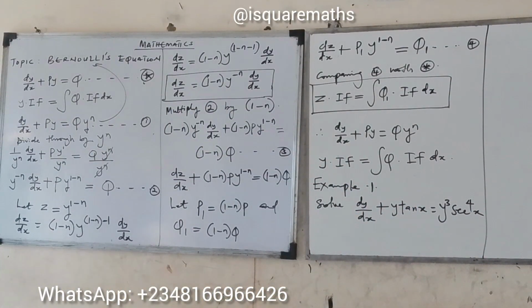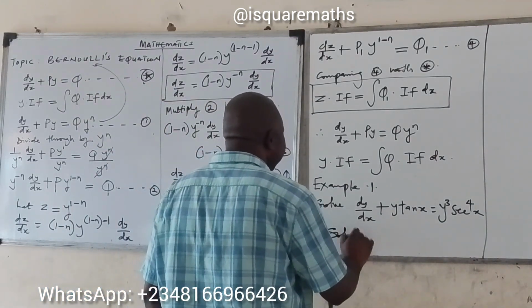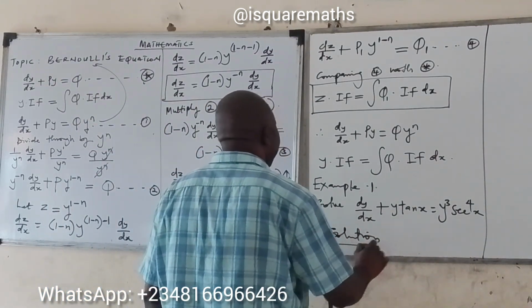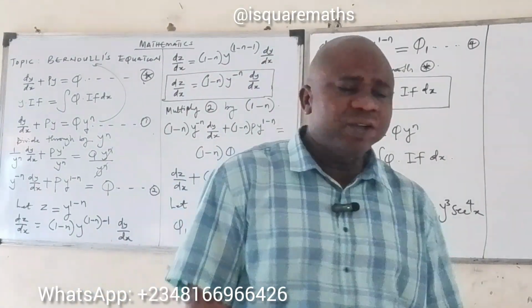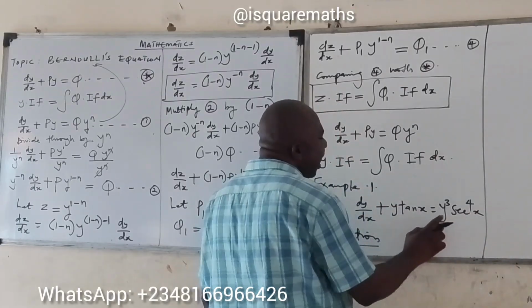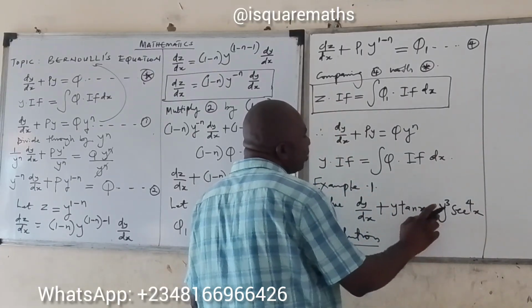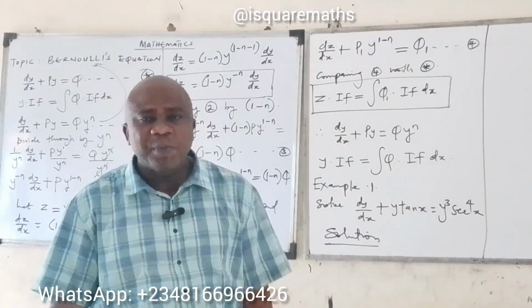Now solution. This is a Bernoulli's equation in the sense that the function of x here has the coefficient y raised to the power of 3, just like the case where you have y raised to the power of n.